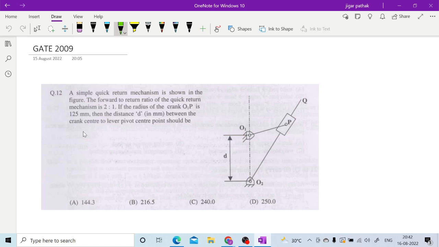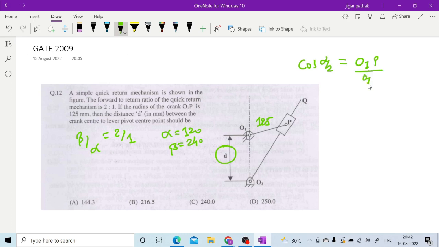Here you are asked the distance between the crank center and the lever pivot center, that is this D. If you put the same equation, cos alpha by 2 equals O1P upon O1O2.